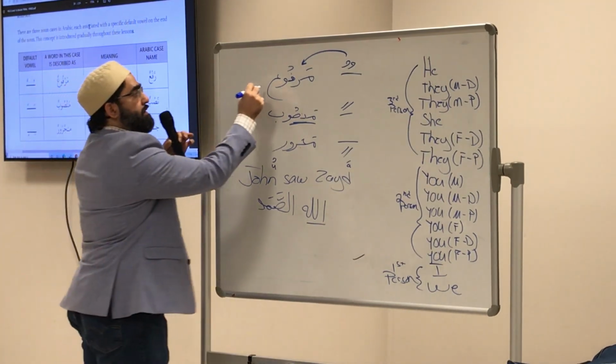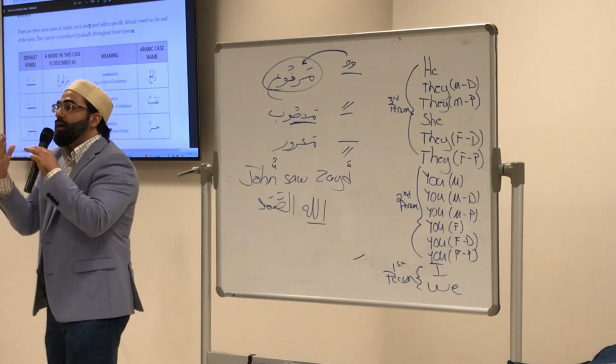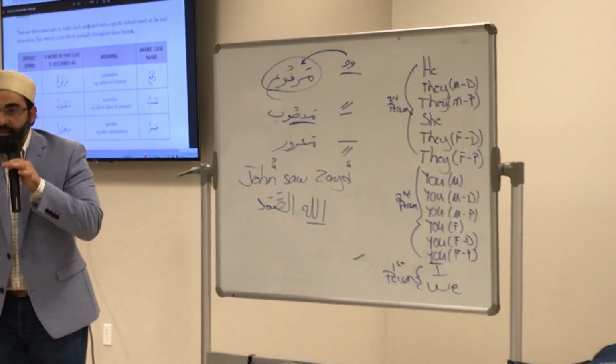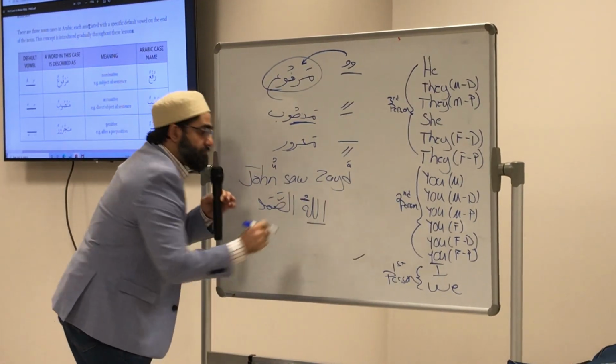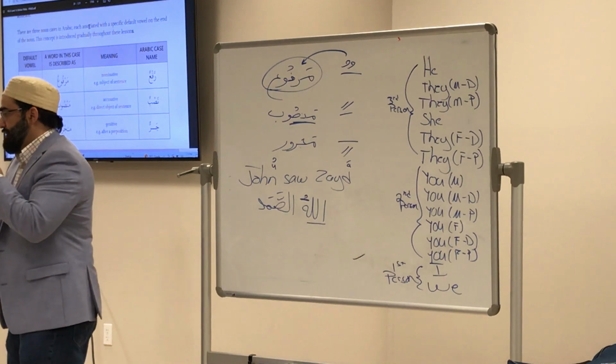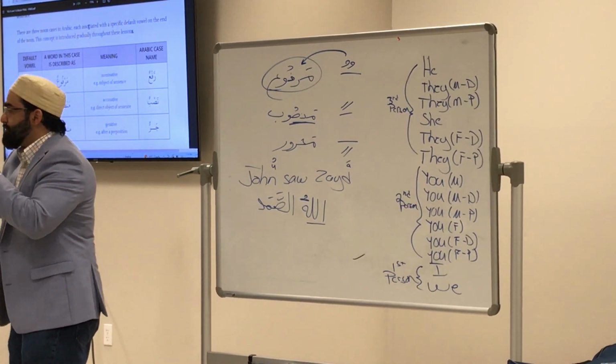Marfu', and it's in the state of marfu' because it's the subject. وَعَلَامَةُ رَفْعِهِ. And the sign that it is marfu' is that it has a dhamma at the very top. A dhamma ala akhirihi. And you begin to parse sentences like that.